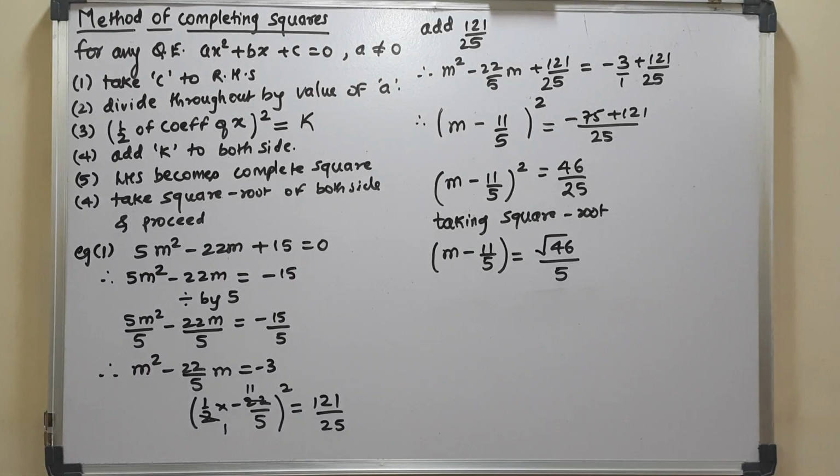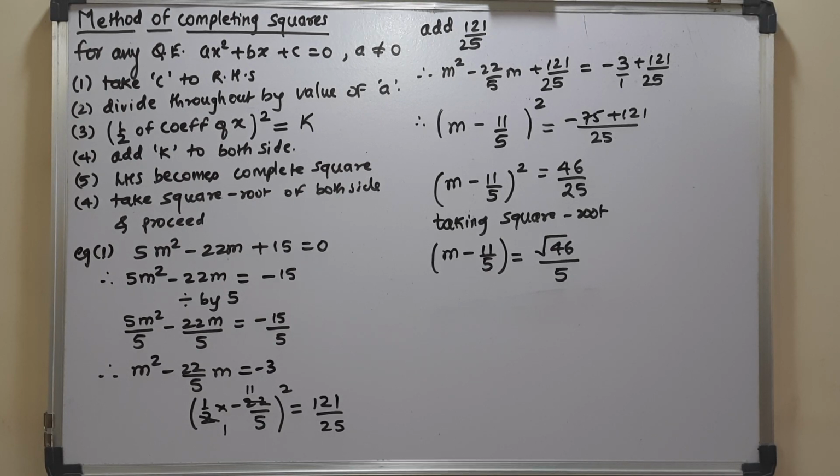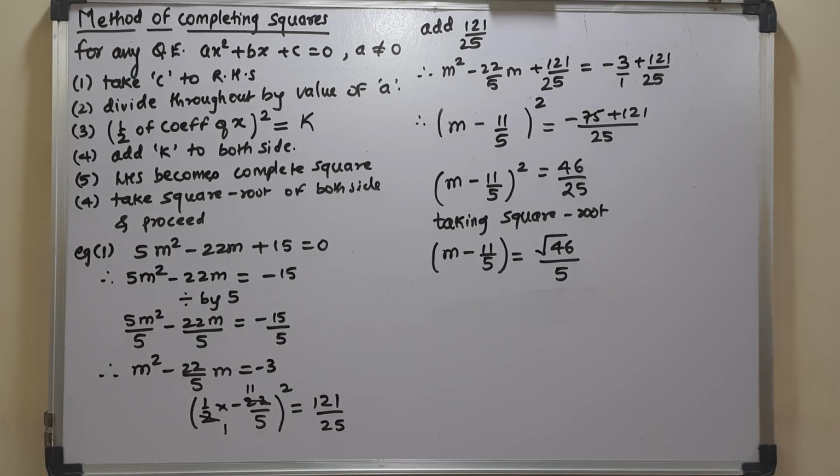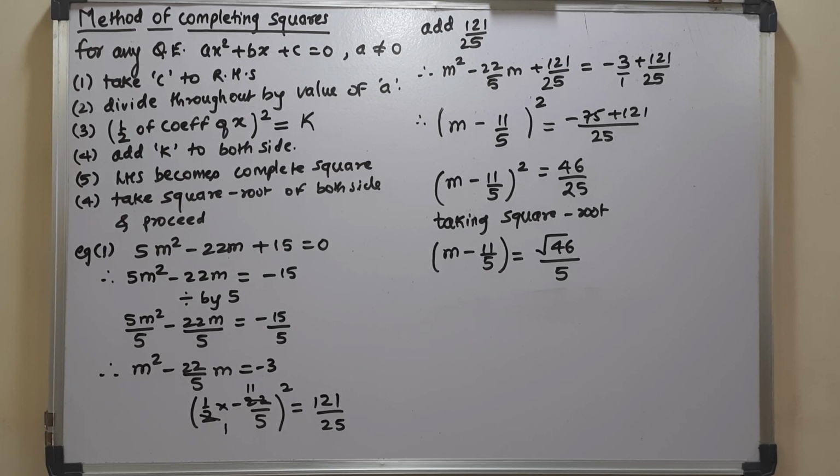If I remember, when I taught you the factorization method, I told you one thing very clearly: when it is a quadratic equation, it will have 2 roots, and I also told you why we have 2 roots. But here if I solve, I will get only one value of m. That means something is missing. What could that be?